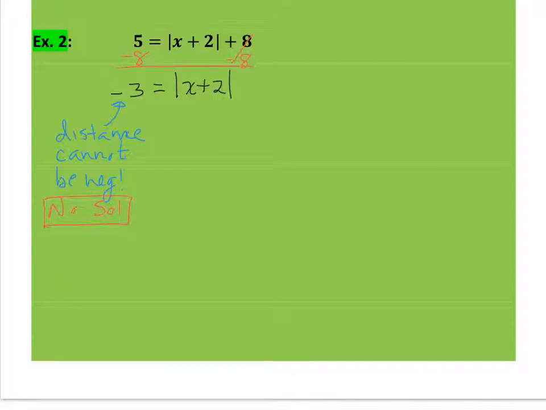So there is nothing to solve. Once you get your absolute value by itself on one side, if this number here is negative, that's impossible. The answer to an absolute value statement cannot be negative. Distance is not negative. So let's recap the types of solutions for an absolute value statement.